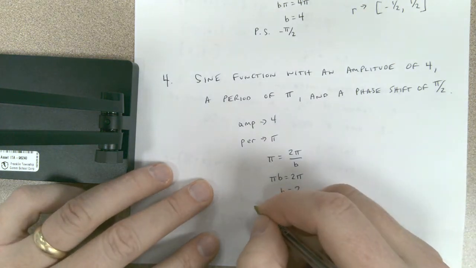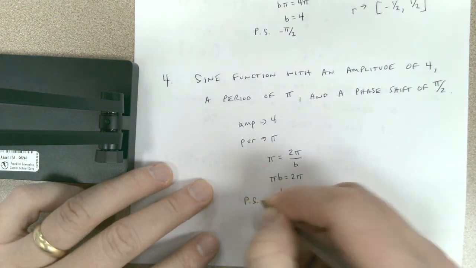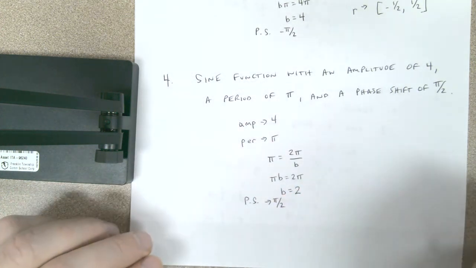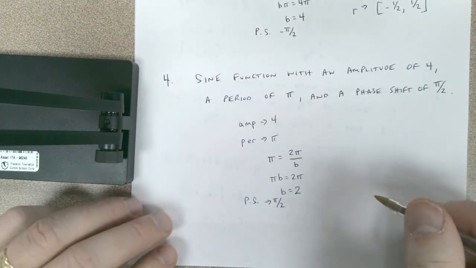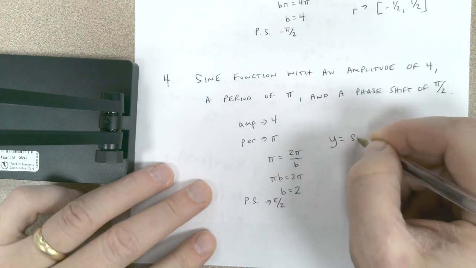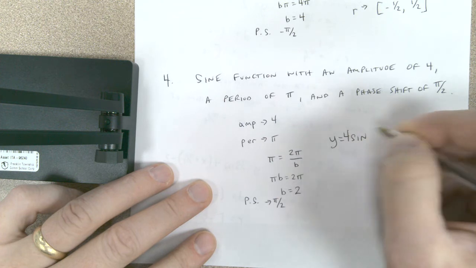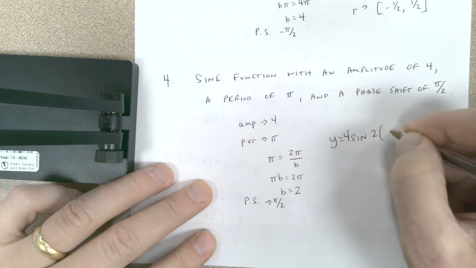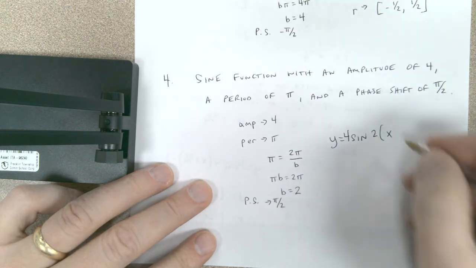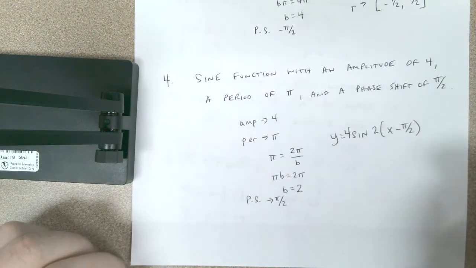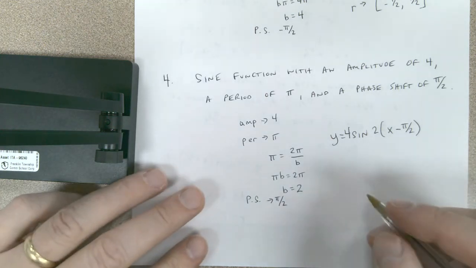This one I have a phase shift of pi over 2, which means I'm moving it to the right, pi over 2. No vertical change, so I'm going to say y equals 4 sine 2 x, again because I'm moving to the right, it's going to be minus pi over 2, and then there's no vertical change here on this one.